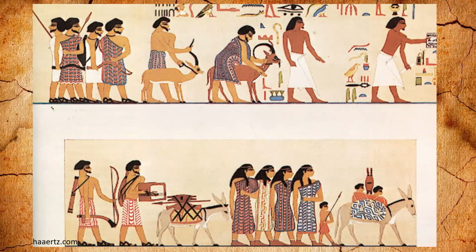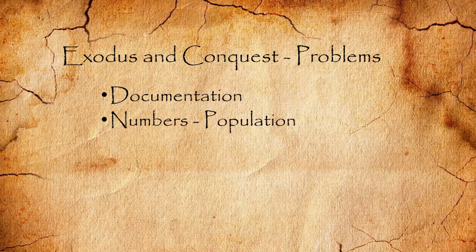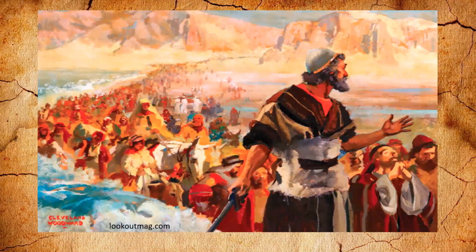So there is quite a bit of evidence that there were Semitic people in Egypt in about this general time frame. Now, one of our real contentious discussions is in terms of numbers and population. So let's talk just a little bit about that from the Exodus account.